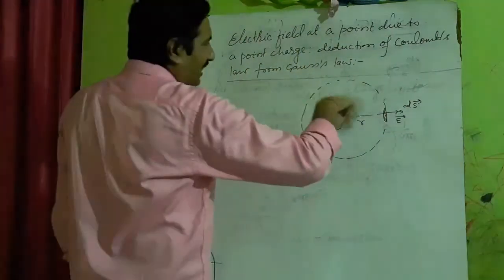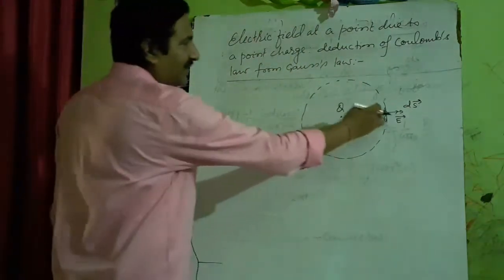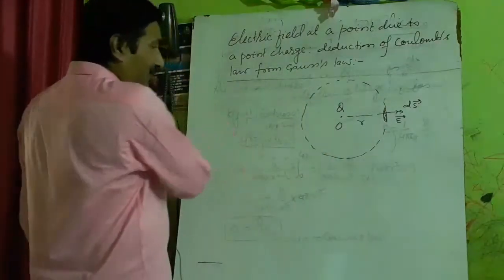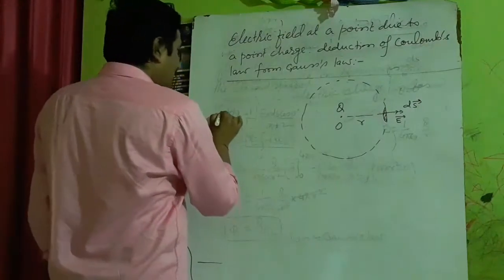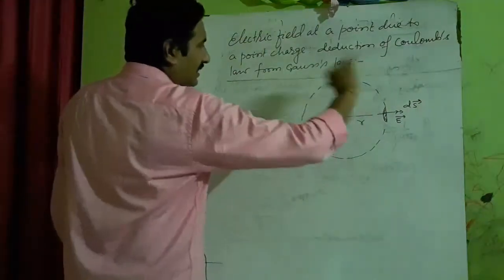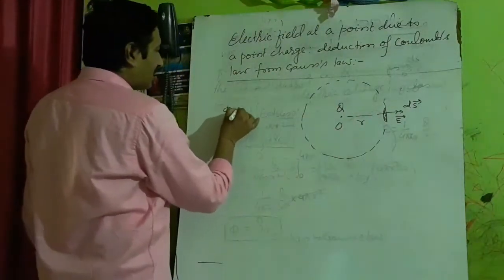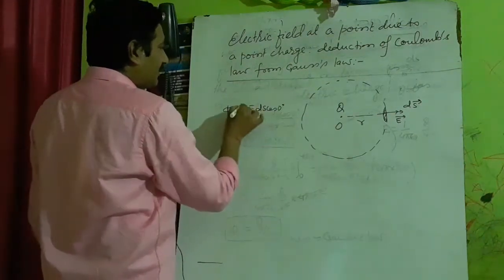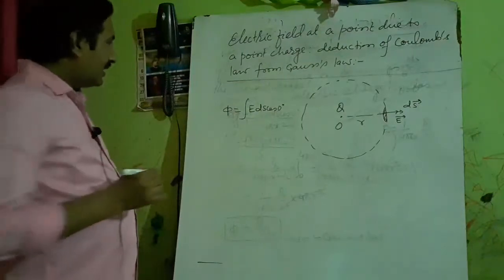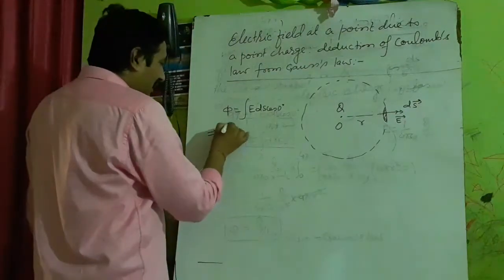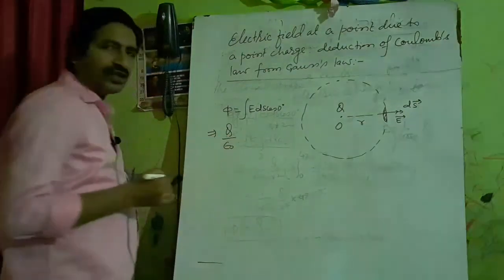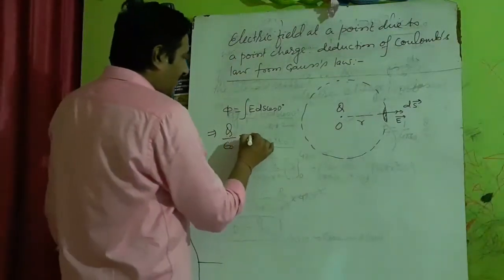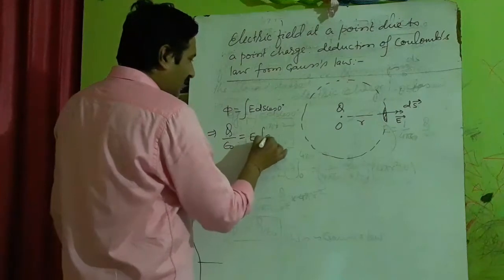Now let us find the electric field at this point by using Gauss law. So you see electric flux through the given surface is phi is equal to E ds cos 0 degree. Here phi is q by epsilon naught, using Gauss law. So this is E integration of ds.